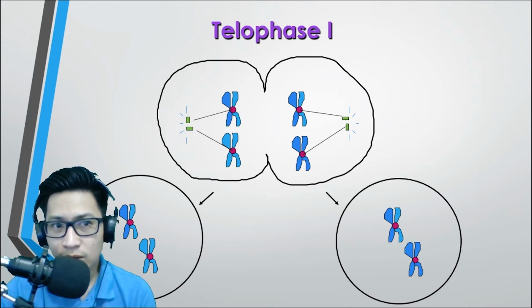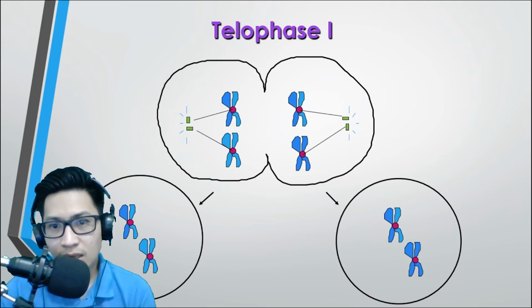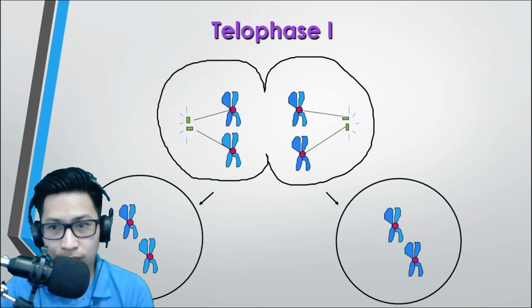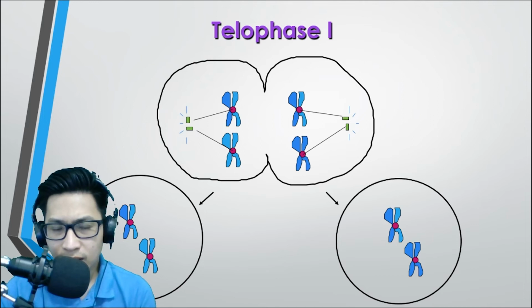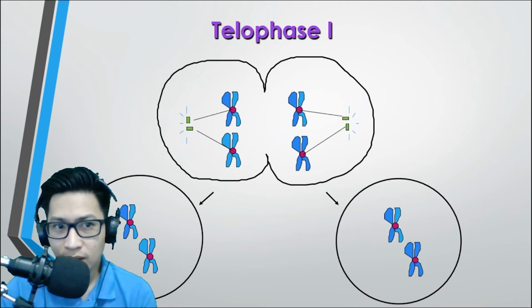So ibig sabihin, during telophase I pa lang, the cell produces haploid cells, hindi sa telophase II. Now, let's continue our discussion. So the cytokinesis is the exact moment where the cell divides. Okay, the telophase I is just the preparation for the division, and the actual division of the cell happens during the cytokinesis.